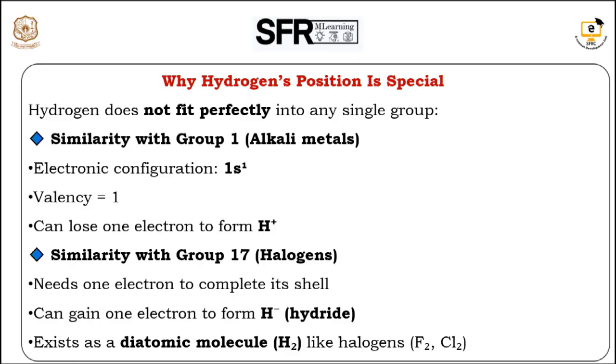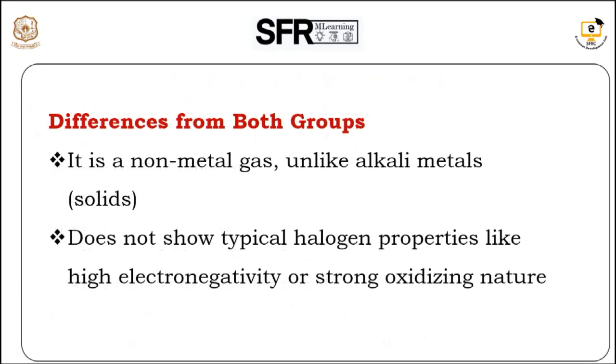For example, fluorine gains one electron and gets the configuration of neon. Hydrogen needs one electron to complete its shell, resembling helium, and can gain one electron to form hydride, like F-, Cl-. Similarly, hydrogen gains one electron to form H- hydride. Then halogens form diatomic molecules: F2, Cl2, Br2, I2. Similarly, hydrogen also forms diatomic molecules like H2. So hydrogen is special, showing similarity with both the first group and the 17th group.